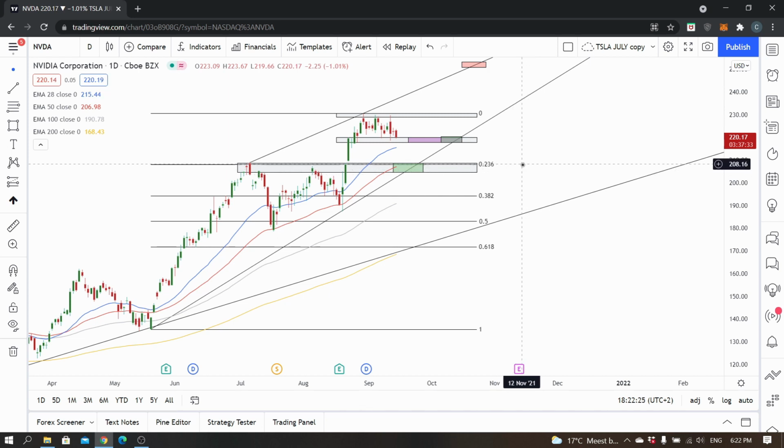Why this area is very good is because of the Fibonacci, the key level, the trend line third touch, which is very strong, and the 50 exponential moving average, which is actually providing support at this level right now.